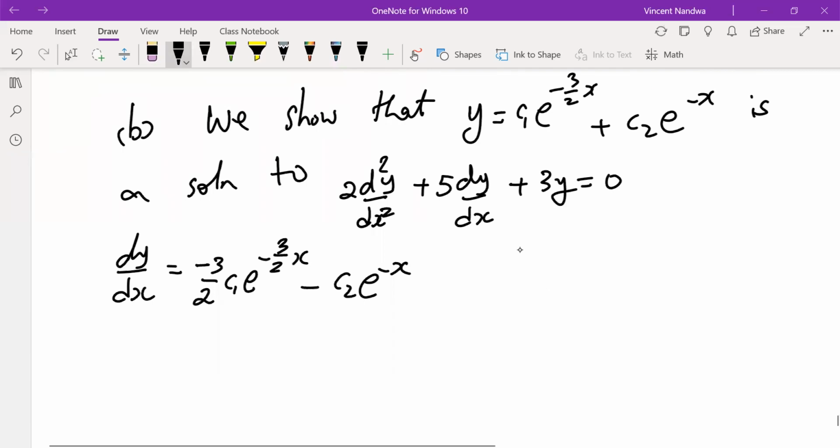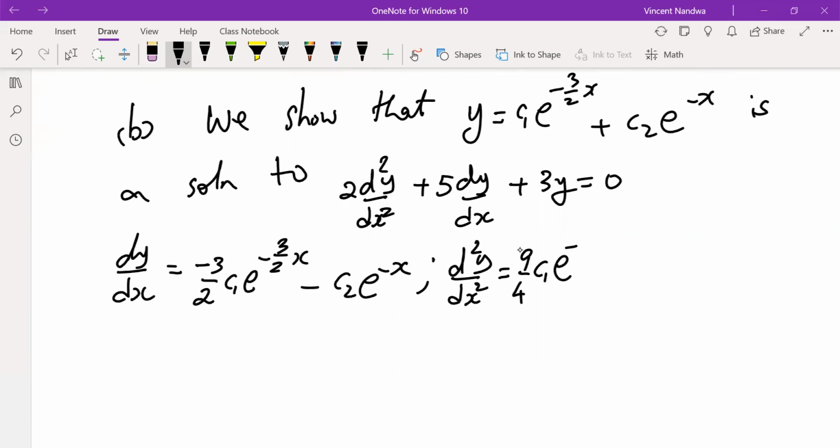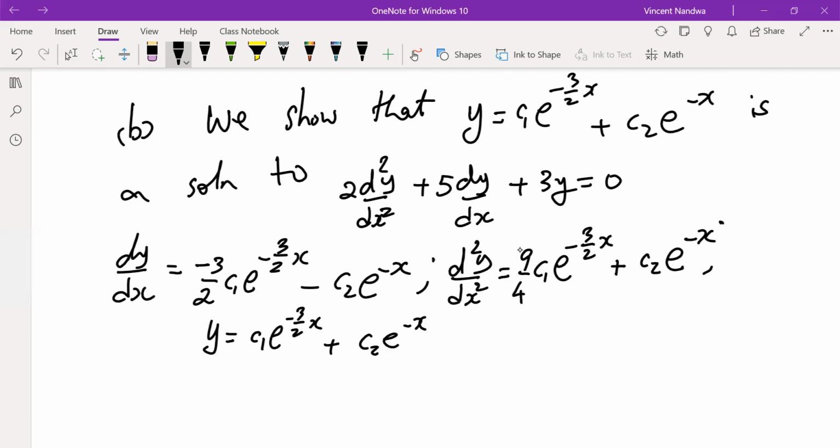And then the second derivative, differentiating this now, will have -3/2 times -3/2, which is 9/4 c1 e^(-3/2 x), plus c2 e^(-x). And then, of course, y equals c1 e^(-3/2 x) plus c2 e^(-x).